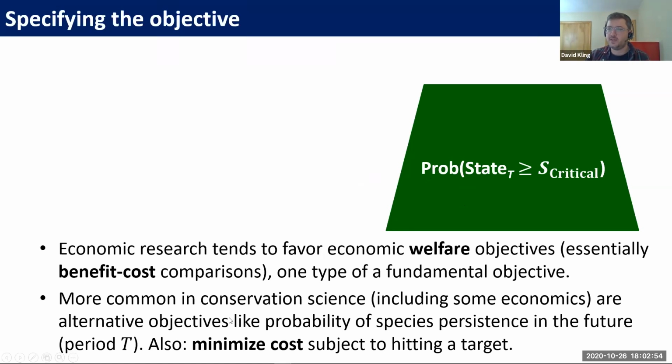So it's flipped, in that what you're minimizing is costs, subject to a constraint that you reach, let's say, a minimum population, minimum probability of persistence, or a minimum area of land conserved. You're hitting a conservation target if it's feasible, but you want to minimize costs along the way. And often those costs are measured using present value calculations.